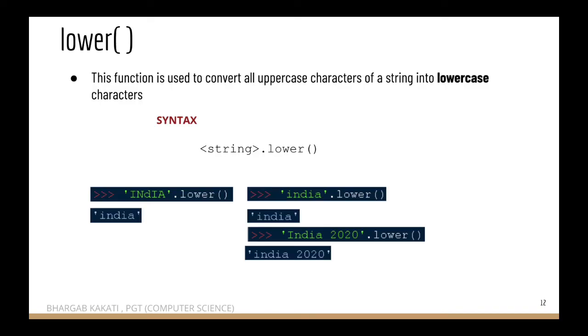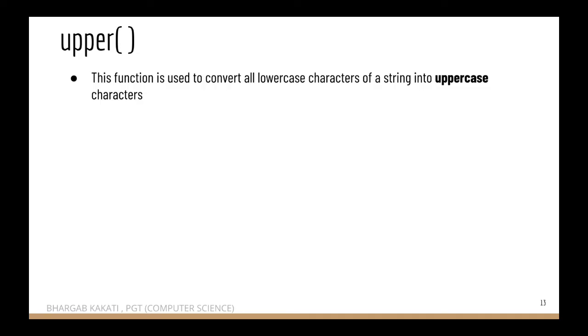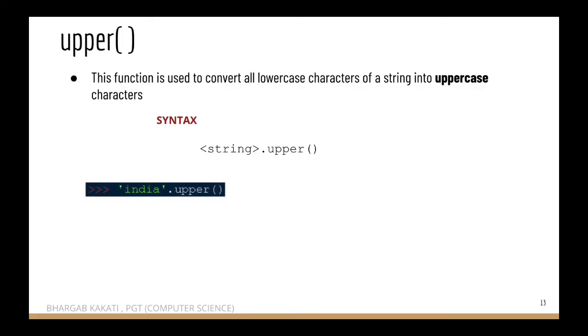We have a similar function here, that is the upper function. What it does, this function is used to convert all lowercase characters of a string into uppercase characters. The syntax goes as follows: string dot upper. So India dot upper, what will be done here? Everything will be converted into uppercase characters.